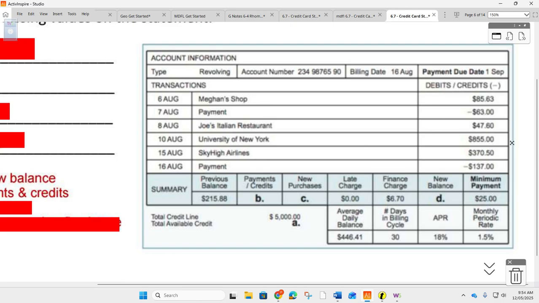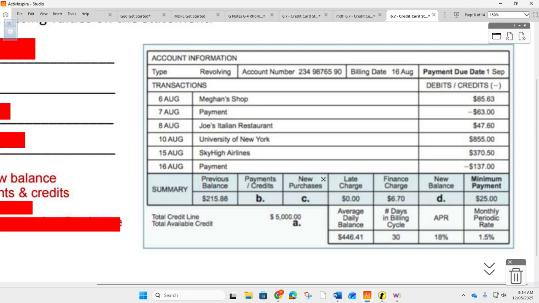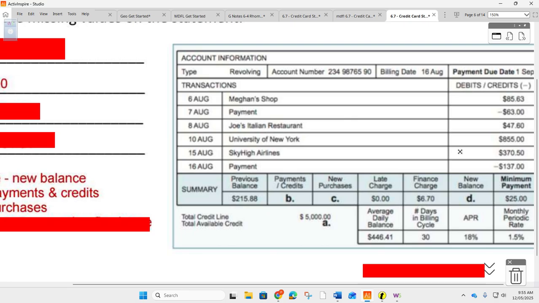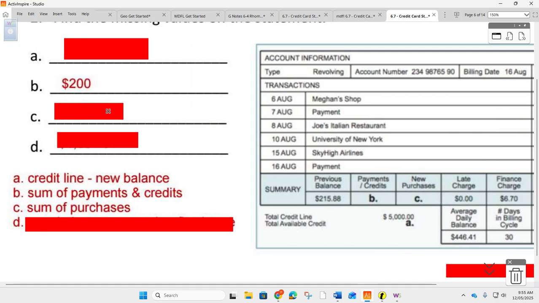So these amounts here, those are our new purchases. If we add those all together, that's how we get C. So the sum of the purchases, and I'll do the math for you. You add up everything in this list of transactions that doesn't have a negative. That's the purchases, and that's $1,358.73.